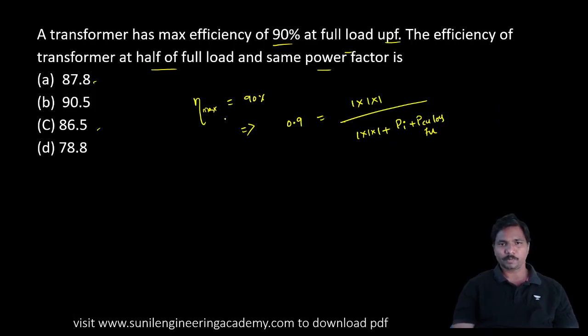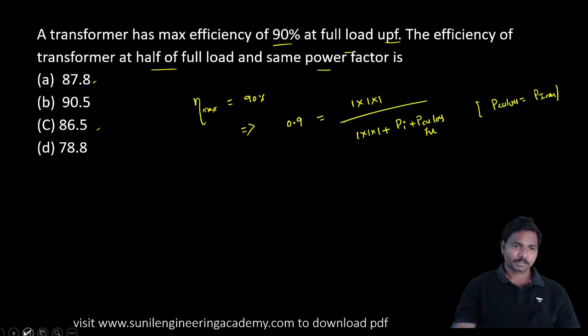So at maximum efficiency both losses are the same, that means copper loss will be equal to iron losses. Then in the place of copper loss, if you place iron losses, you will get 2 Pi.